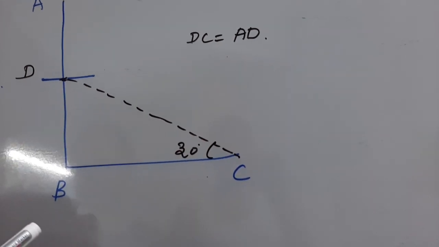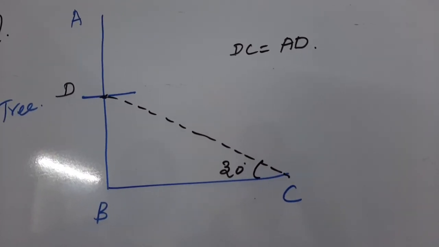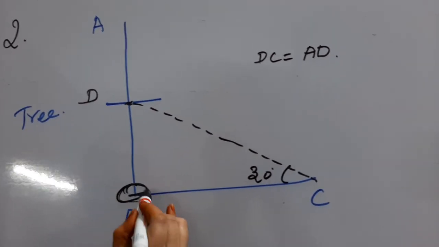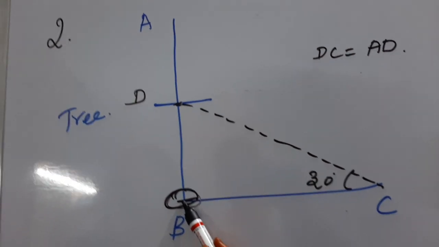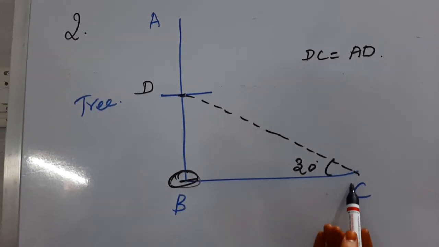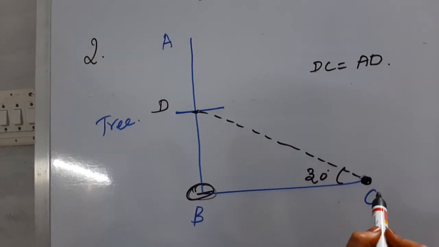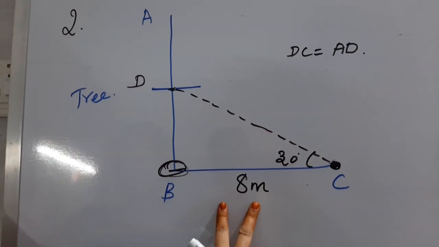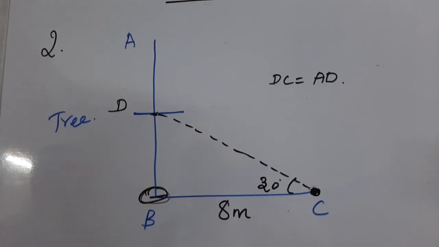The distance between the foot of the tree, where the tree stands on the ground, and the point where the top touches the ground is 8 meters. This is the top of the tree, right? This distance is given. Find the height of the tree. We need to find out the height of the tree.